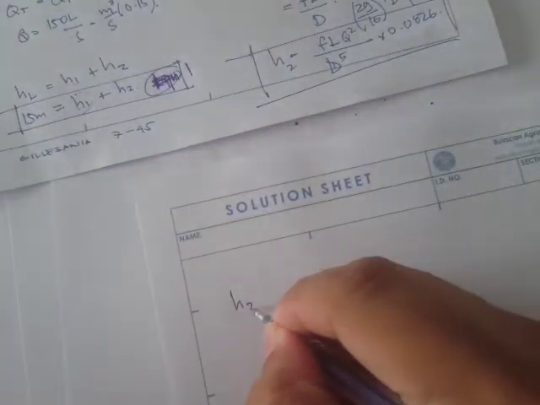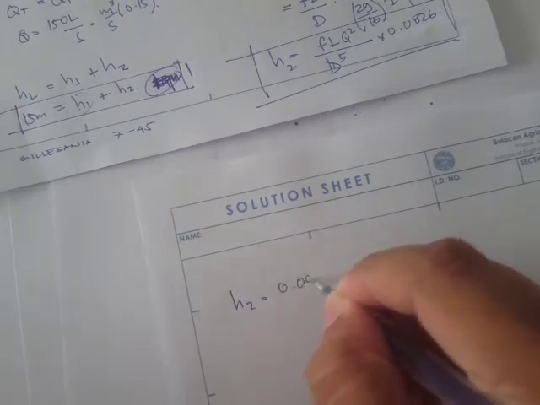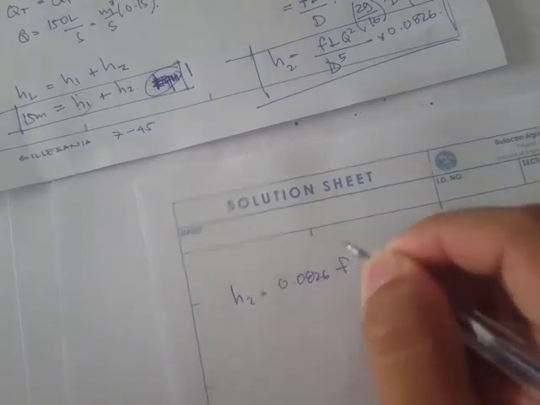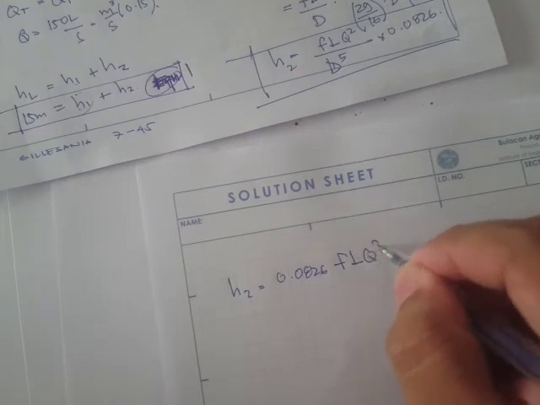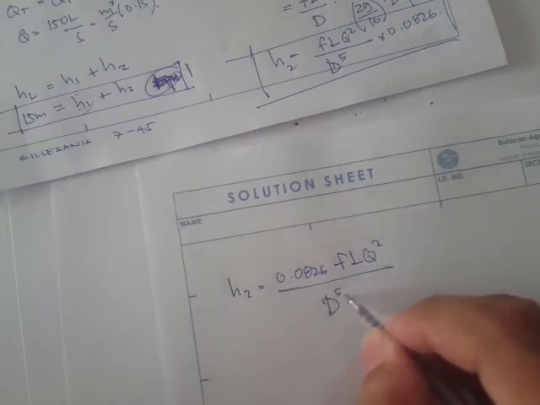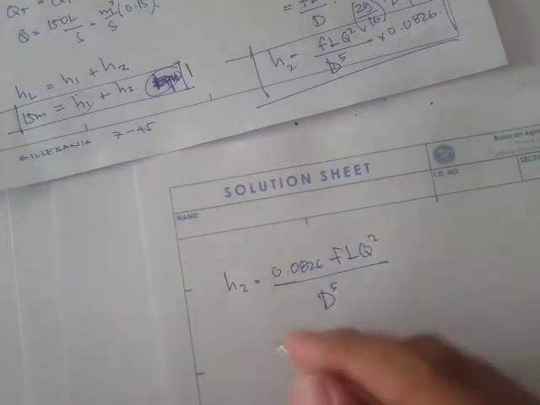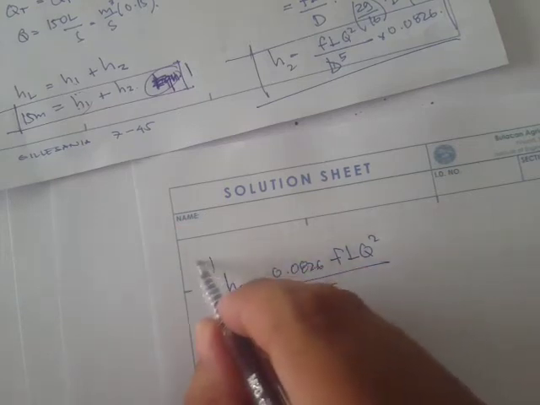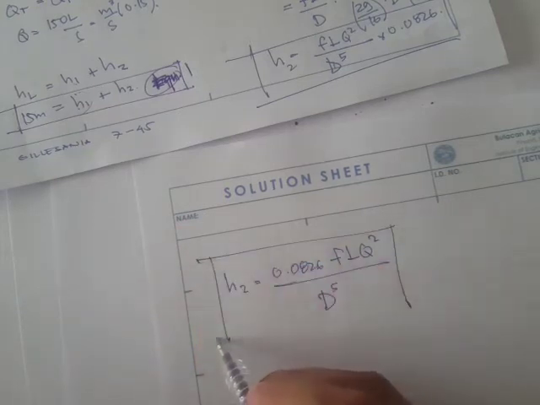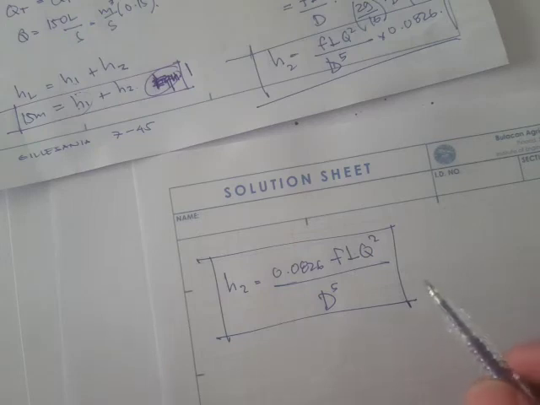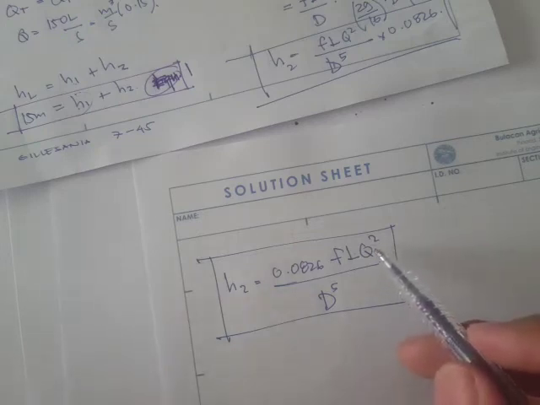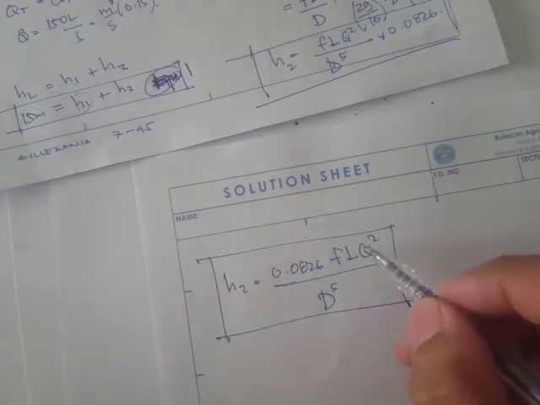Okay, so if we write here, our equation would be h sub 2 is equal to 0.0826 times friction factor times L times Q squared all over D to the 5. Okay, so this equation would also be useful if we have the flow rate that's given.